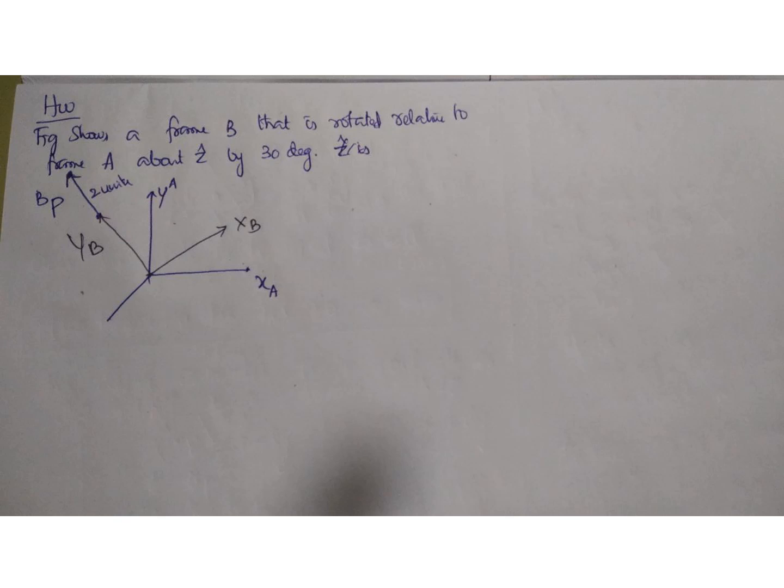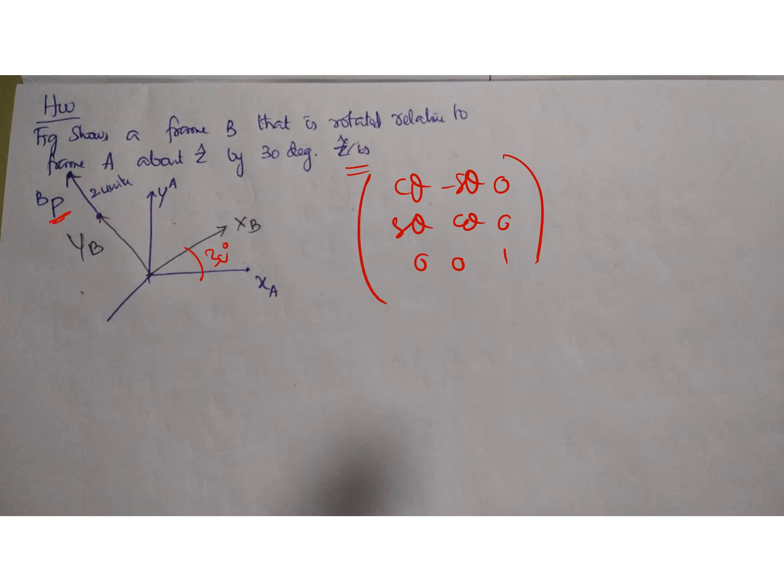The figure shows a frame B, which is rotated from frame A by an angle of 30 degrees, with respect to the z-axis. So for the z-axis, the matrix is cos theta, minus sin theta, cos theta, and so on. This is the rotation matrix, and that should be multiplied by this point.